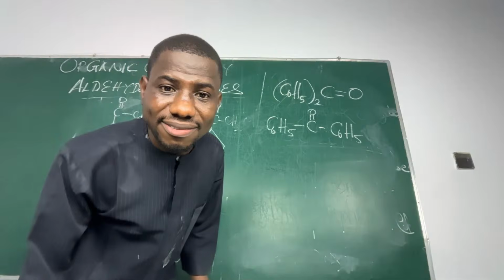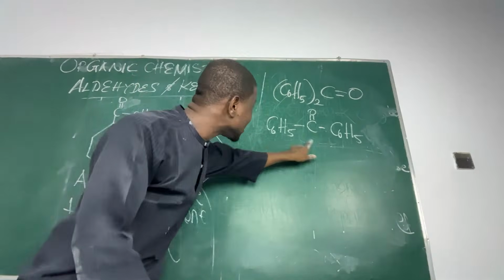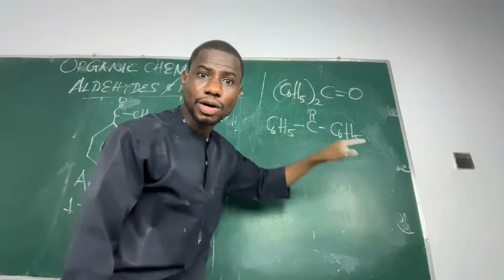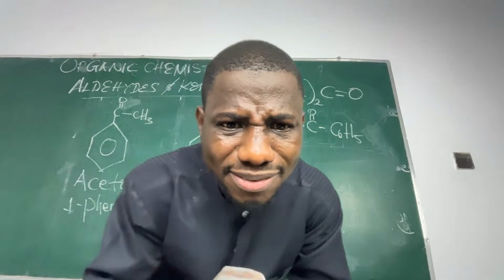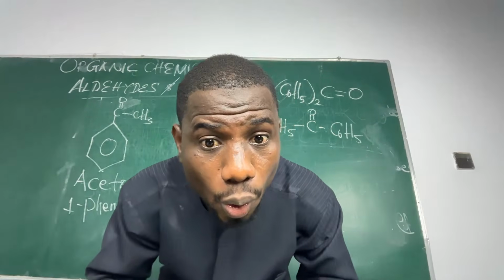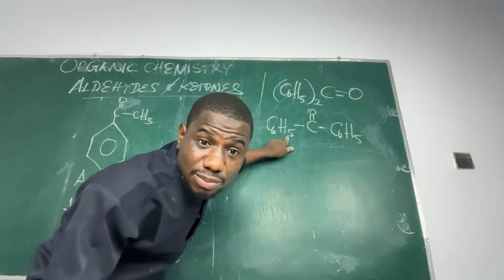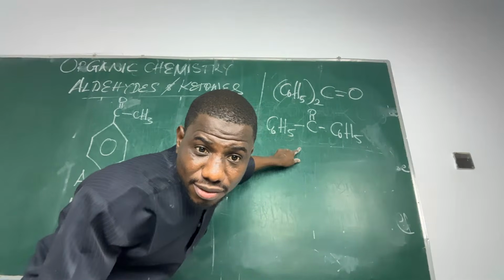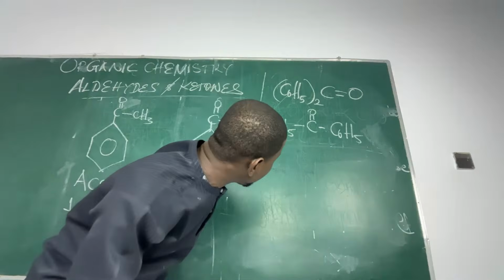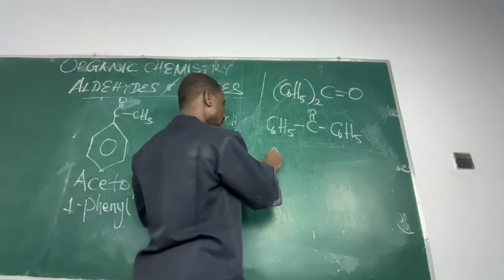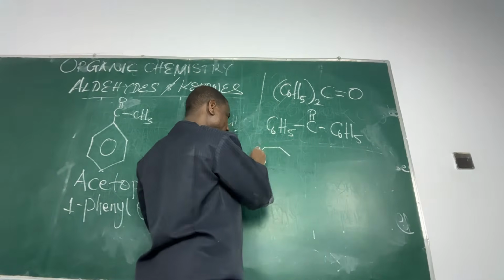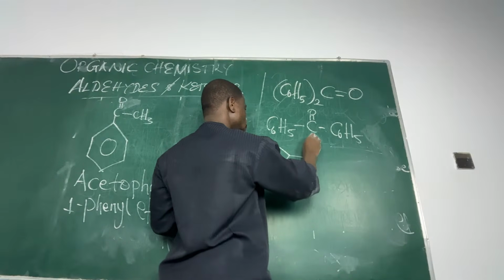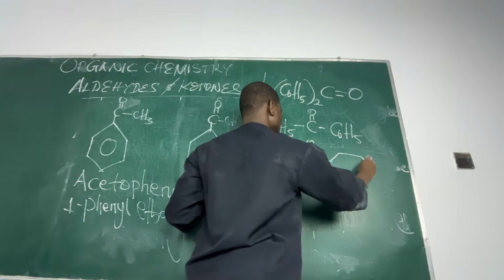This represents two benzene rings. They are bonded, which means they are now serving as phenyl. You may ask me that benzene is C6H6. I know, but one of the hydrogens has been removed so that it can bond to carbon. That makes it C6H5. Is that clear? So this is like a phenyl group, bonded to C double bond O, bonded to another phenyl.